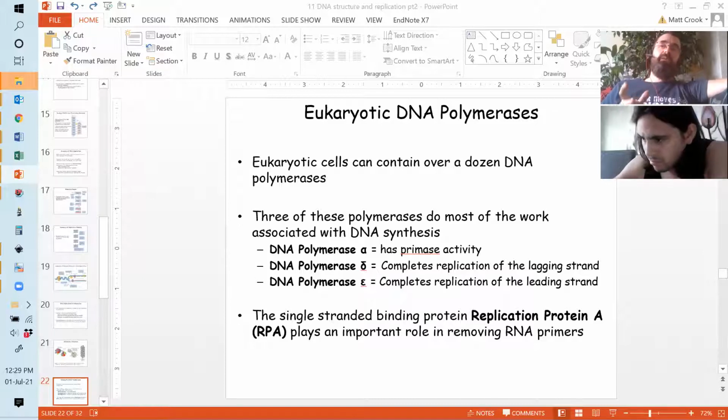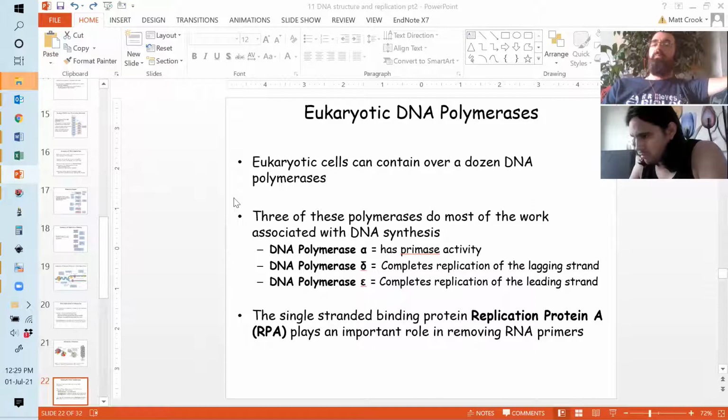Then it depends on whether it's the leading strand or the lagging strand. I don't actually even know how this is figured out, right? But when that DNA polymerase alpha falls off, if it's the lagging strand, delta comes in and does the rest of the fragment. If it's the leading strand, epsilon, which is that funky E, does the work. I don't know why.